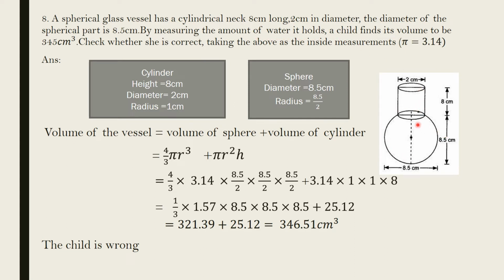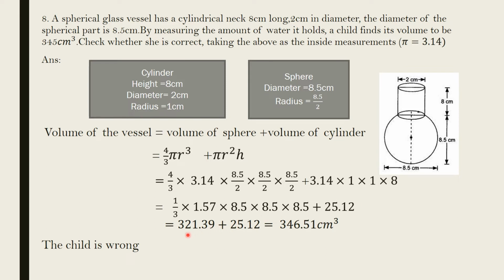The volume of the vessel will be the volume of the sphere plus the volume of the cylinder. Substituting the formulas, it will be 4 by 3 pi r cube plus pi r square h. That is 4 by 3 into 3.14 into 8.5 by 2 whole cube plus 3.14 into 1 square into 8.